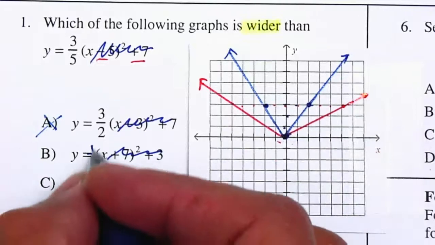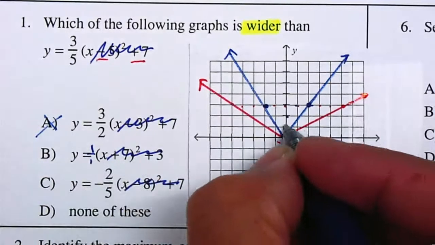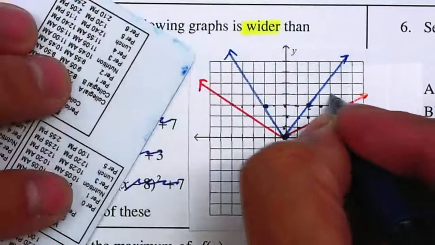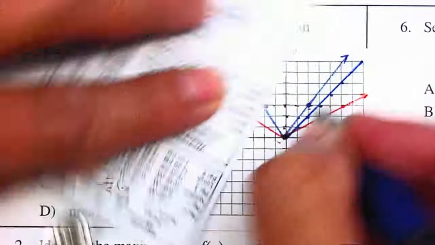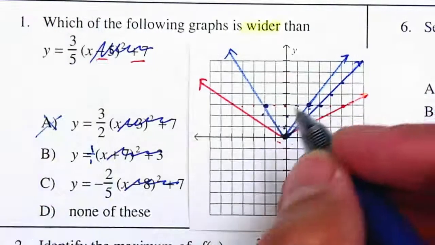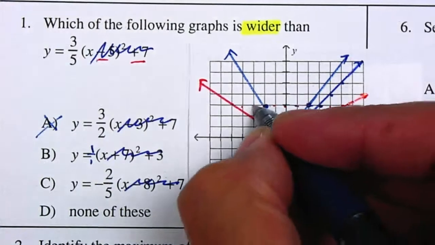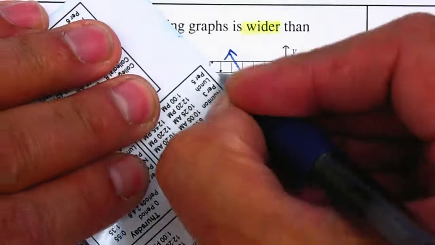There's no coefficient, so there is no number here, so automatically it's a 1. So up 1 to the right 1, up 1 to the right 1, and so on. If you notice, this is going to be also narrower. That one's also going to be narrow.